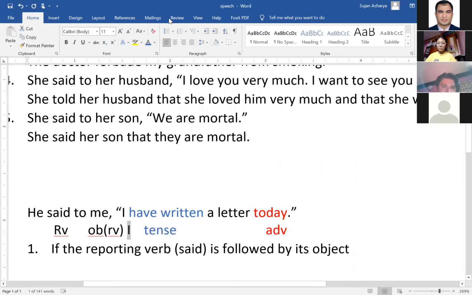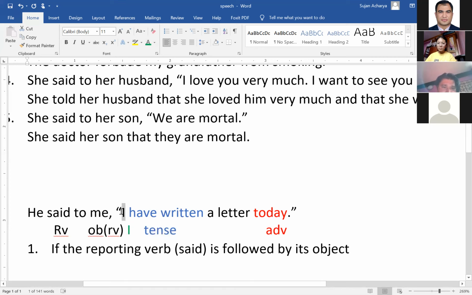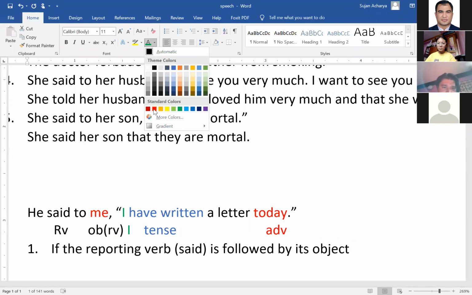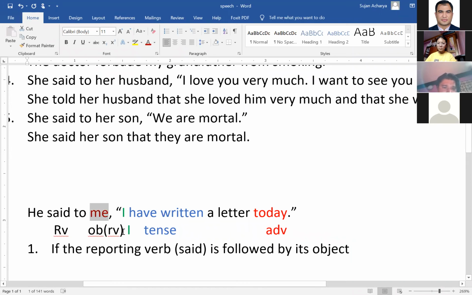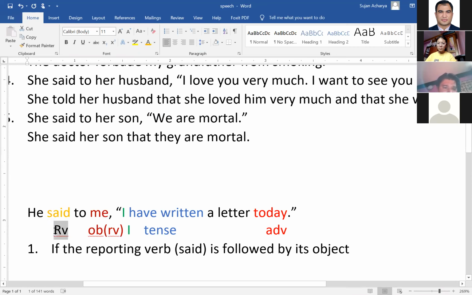Then the pronoun, the change in pronoun. Then the object of the reporting verb. Then the reporting verb and its tense. Not only the reporting verb, but you have to look at the tense of the reporting verb. These are the things that you have to take into account while changing direct to indirect.